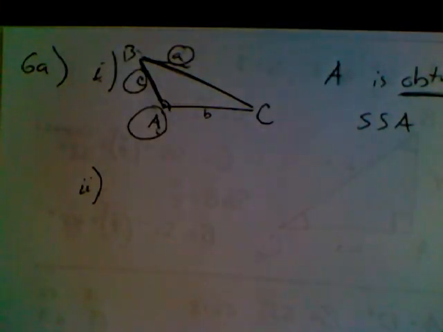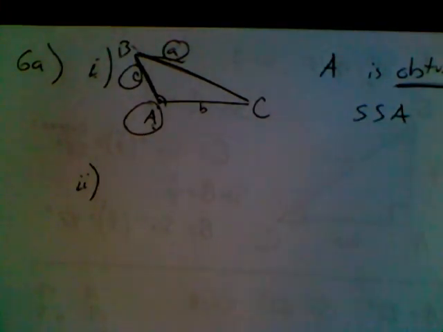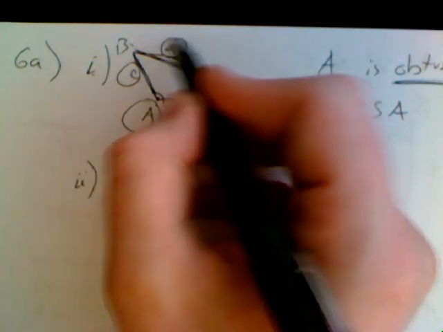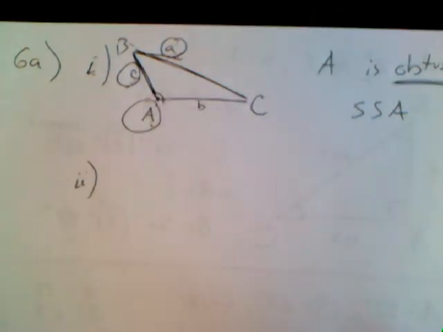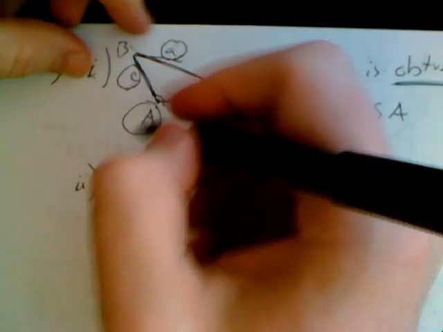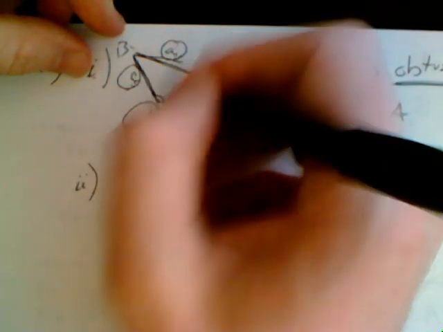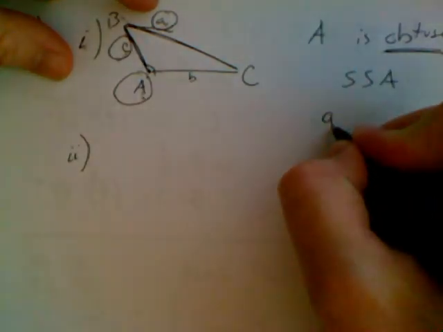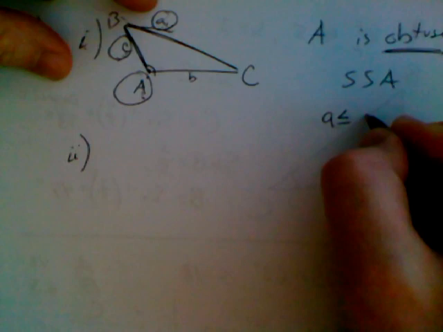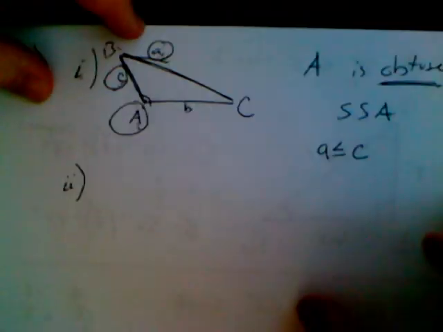So, let's talk about the possibilities for the given values for A and C. Let's assume I am given A, C, and A, and I find that the little a is actually less than or equal to the C value. Okay, what does that mean?